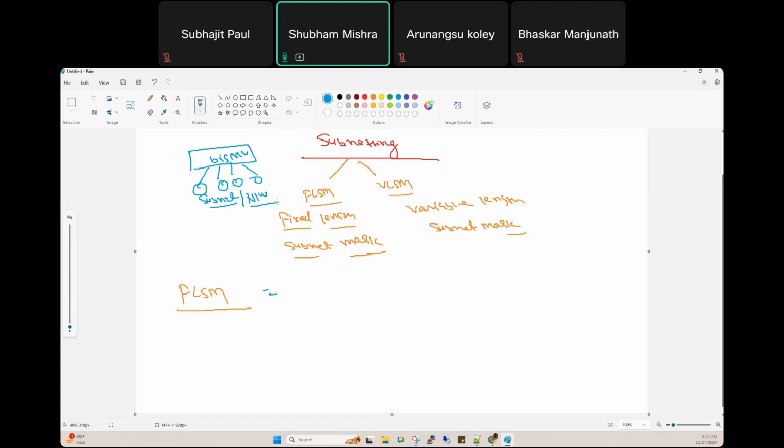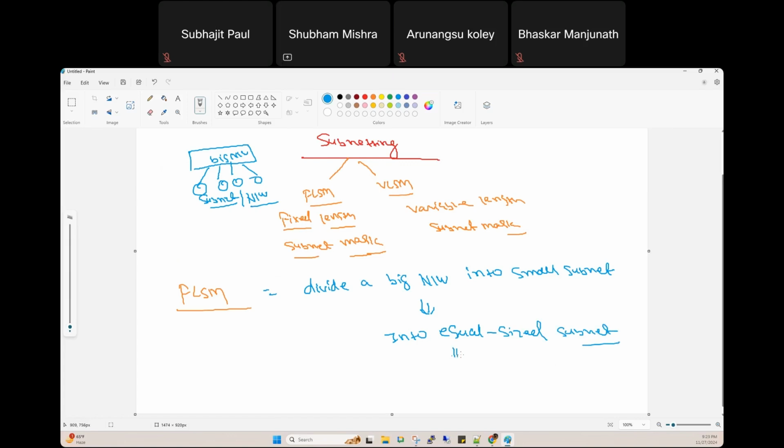So FLSM means we divide a big network into small subnets, but, please remember, that is very important, into equal sized subnets.